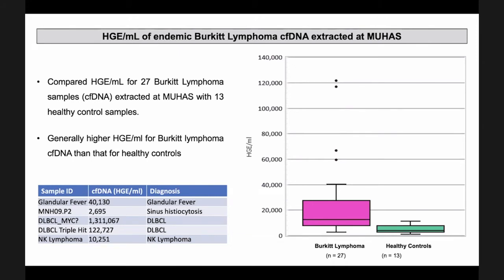And this is the first data on the first 27 patients diagnosed with Burkitt's lymphoma. So you can see compared to healthy controls that there's clearly a lot of circulating cell-free DNA. We have also tested other conditions in the table, comparing to glandular fever or something that's got nothing to do with EBV, sinus histiocytosis. You can see that the levels are clearly different.